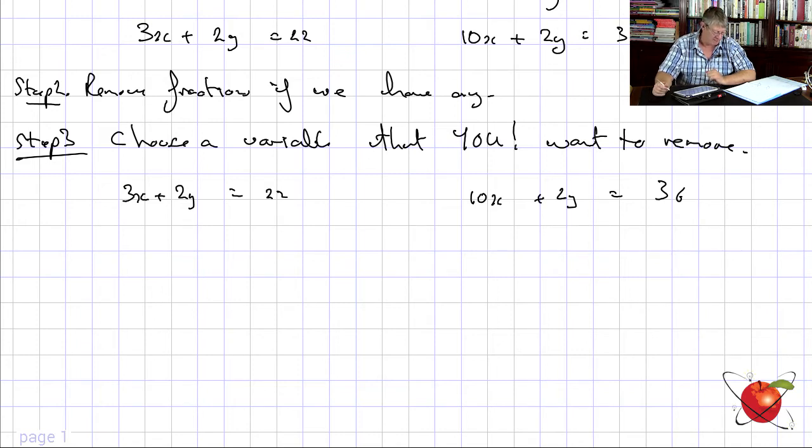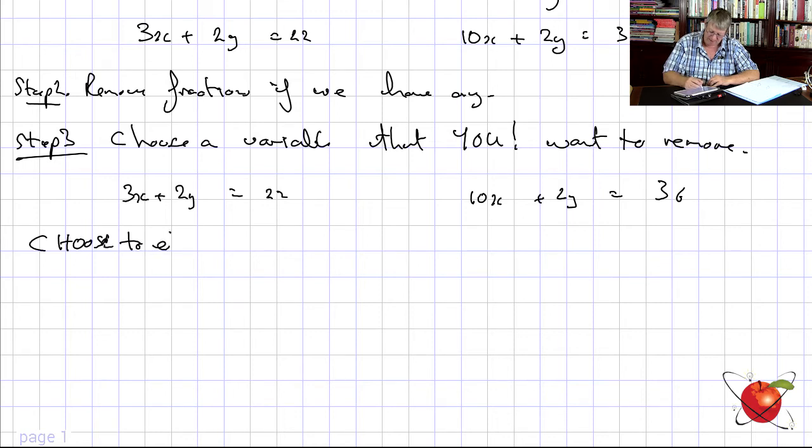Right, so let's have a look here. Let's now say, okay, choose to eliminate y. Why did I choose that? No pun intended. Because both of those are 2, and I know that I'm going to add or subtract. So I'm going to choose y.